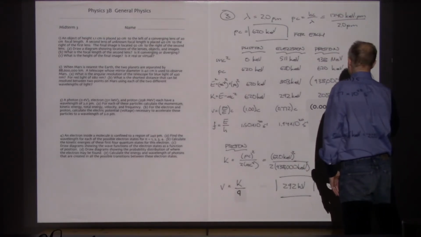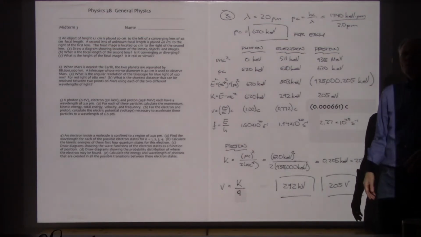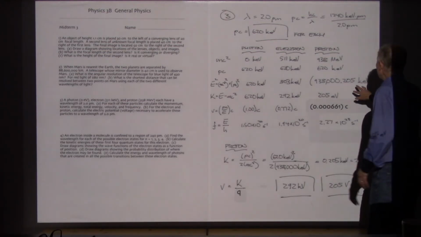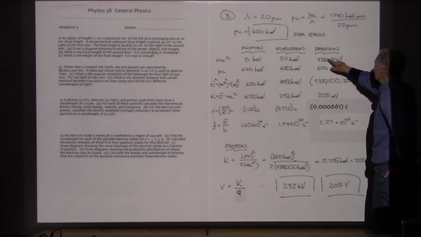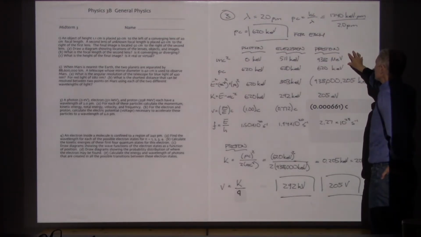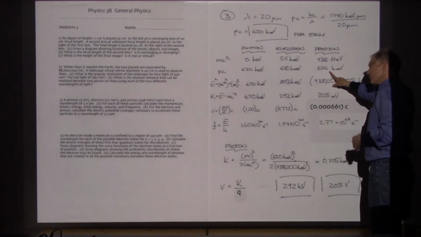What about the proton? Well, the proton is going to turn out to be the difficult particle. We're going to have to be a little more careful working with this. What I did is I took the 938,000 keV from here. I used the very same formula. And then I combined this in.